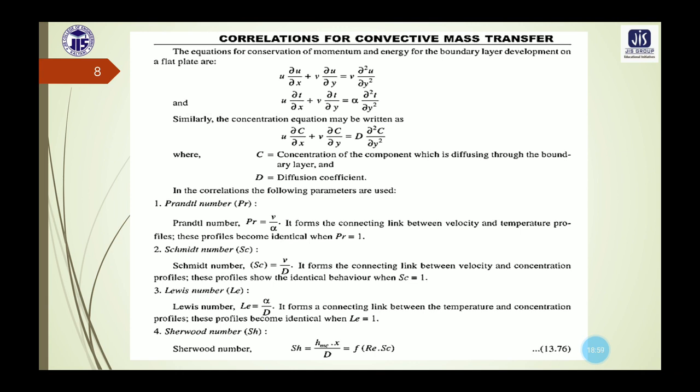The first one is the Prandtl number, which is familiar to us. This Prandtl number equals nu by alpha. It forms the connecting link between the velocity and temperature profiles. These profiles become identical when the Prandtl number equals 1.